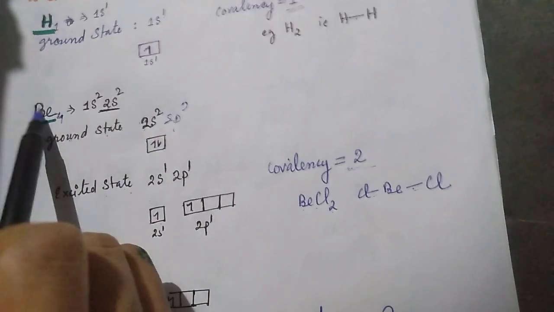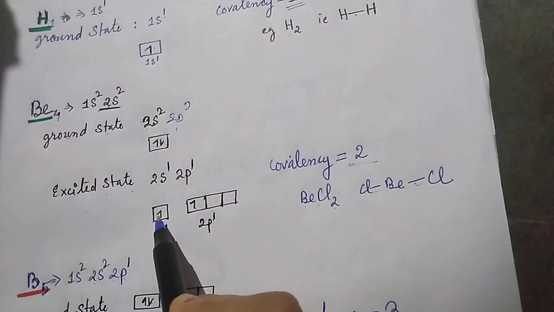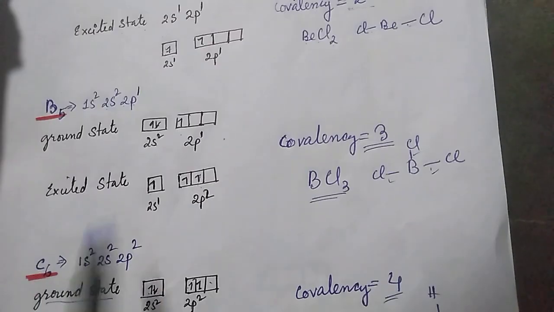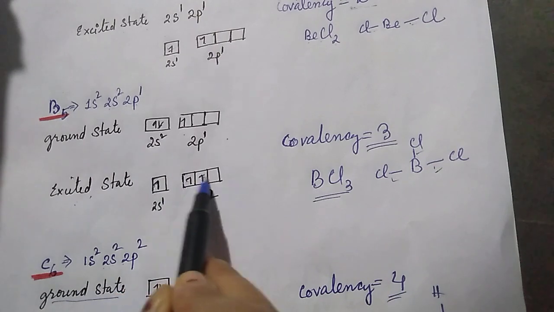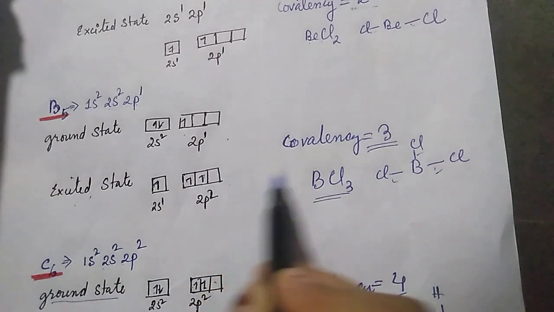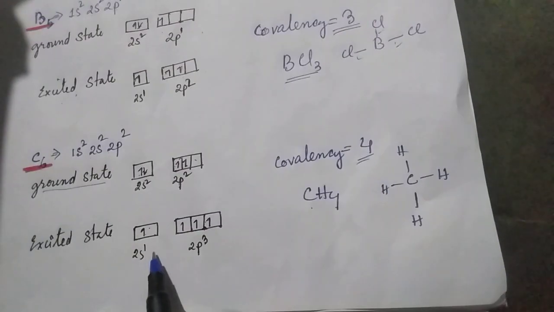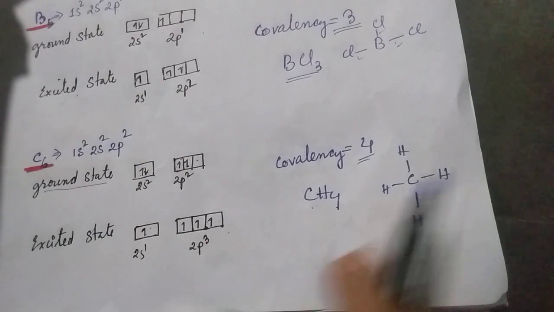This is your second period elements. So we are considering the excited state, whatever unpaired electrons are present in the excited state, that is your covalency. Boron is also second period. How many in the excited state? 1 2 3. So we are considering the excited state for the second period elements. Here also, say carbon, second period. So 1 2 3 4, we are considering the excited state.